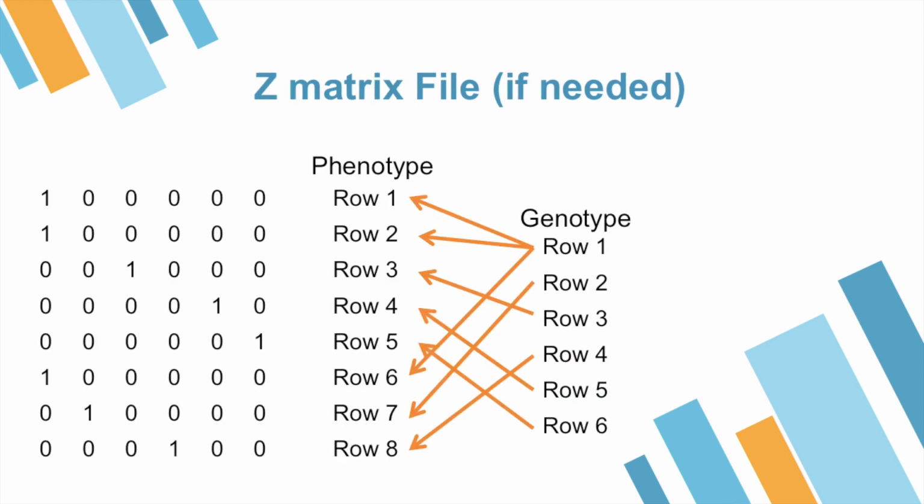And then the last type of file I'll talk about is this Z matrix. That is probably linear algebra speak, in that the Z matrix is really just a design matrix or incidence matrix that allows us to match the genotype to phenotype values when there are multiple values for a trait. I'm not talking about the situation where there are multiple traits.